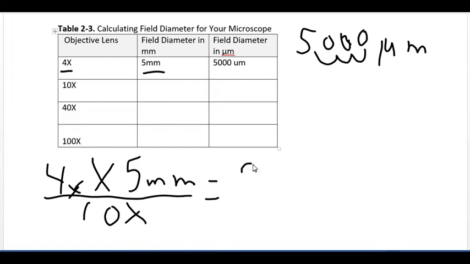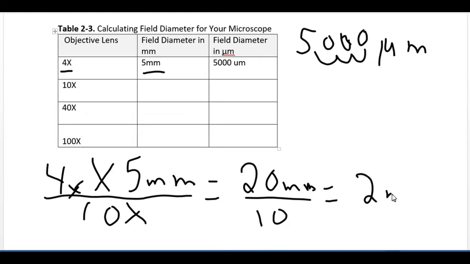So I'm going to be left with 20 millimeters over 10, and that's going to give me 2 millimeters for my answer, and that's what I would put up here in the table. Okay, and then when I go to convert that, I'm going to move it 3 spaces to the right, so that will give me 2,000. I'm writing on the screen here, so forgive me for going a little bit out of the table area. 2,000 micrometers. And then I can move on to the next problem.